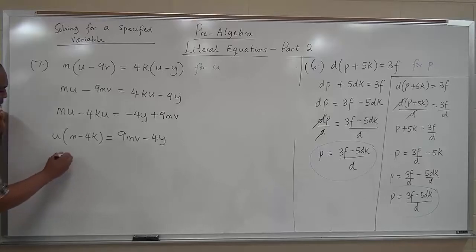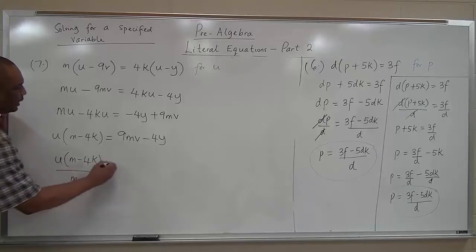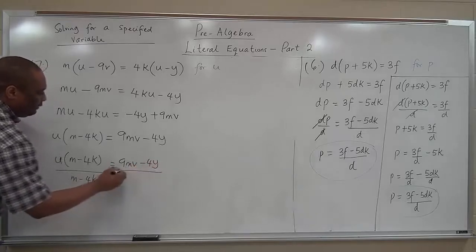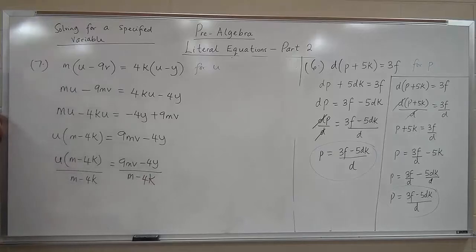You have u times m minus 4k divided by m minus 4k equal to 9mv minus 4y divided by m minus 4k. And m minus 4k divided by m minus 4k gives you 1.